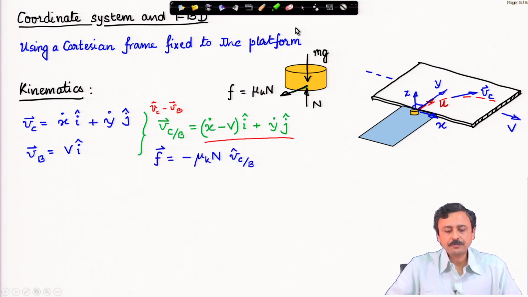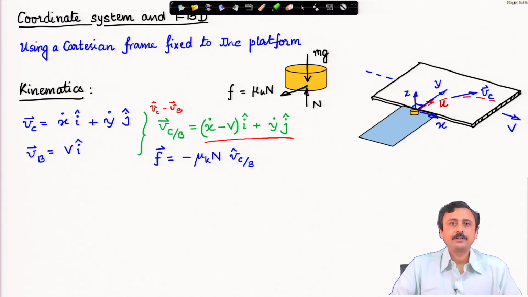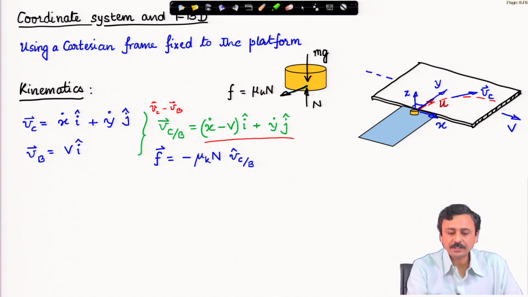Now, the force of friction, whose magnitude is mu k times N, acts opposite to the direction of the relative sliding vector. Direction of relative sliding vector means it is the unit vector of the relative velocity, and how will you find out the unit vector of this relative velocity?